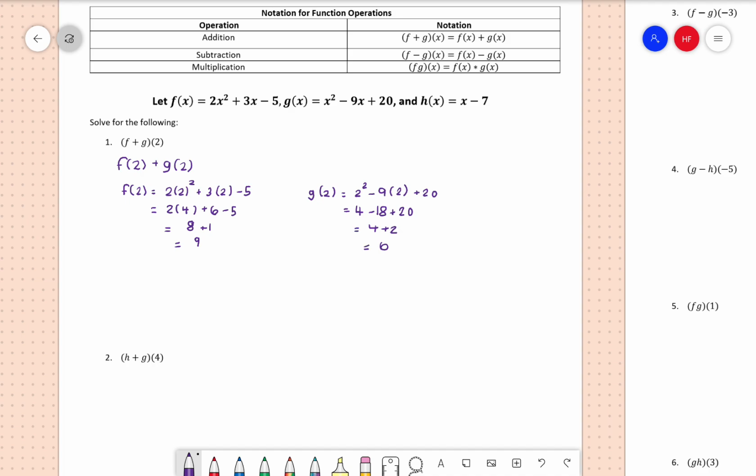So g of 2 is 6, and f of 2 is 9. So we're taking 9 plus 6, and we get 15. So f plus g of 2 equals 15.